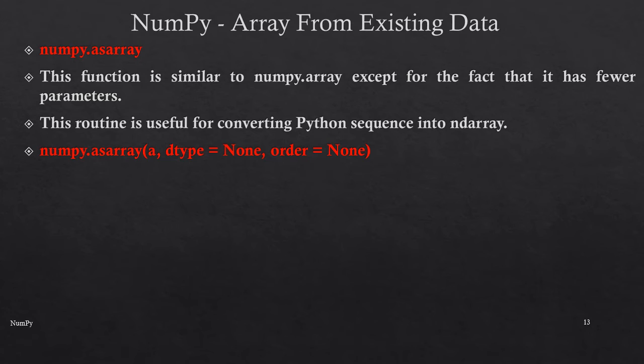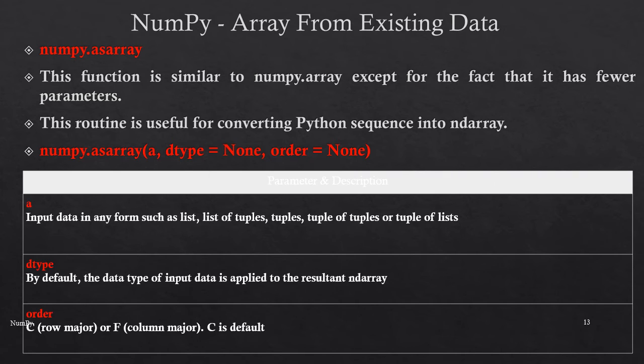See, asarray has three parameters: a, dtype and order. A is the input data which can be in any form, meaning Python sequence form. It can be either a list, list of tuples, tuple of tuples, or tuple of lists.